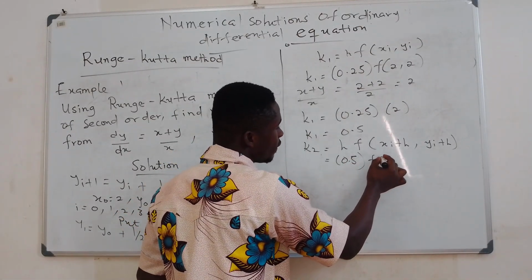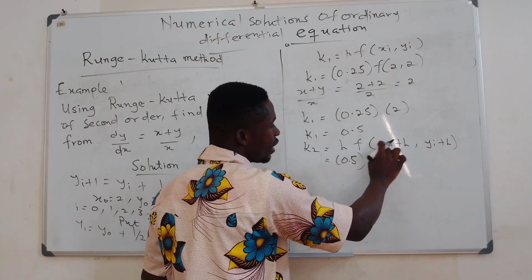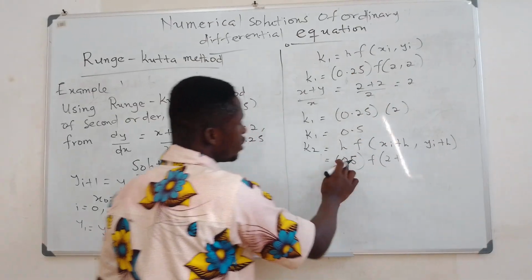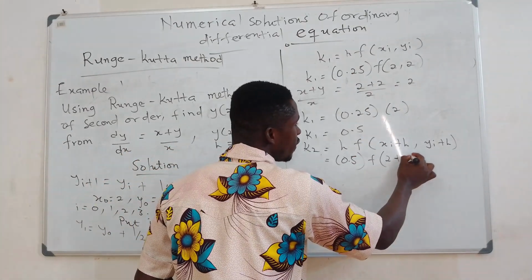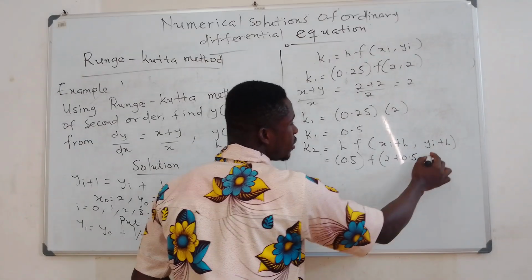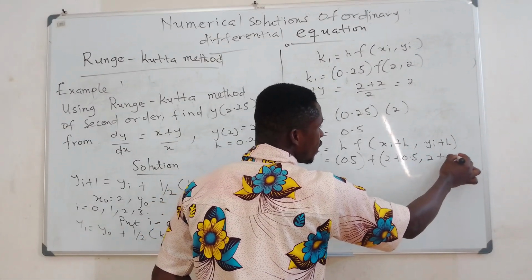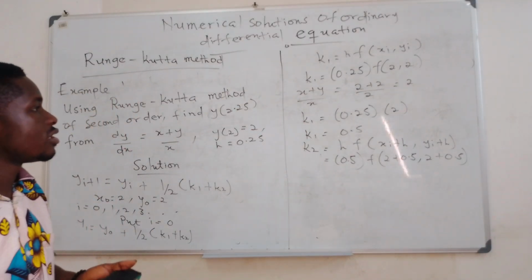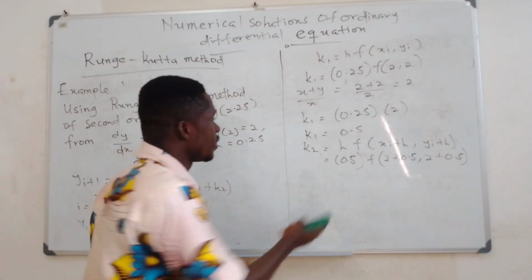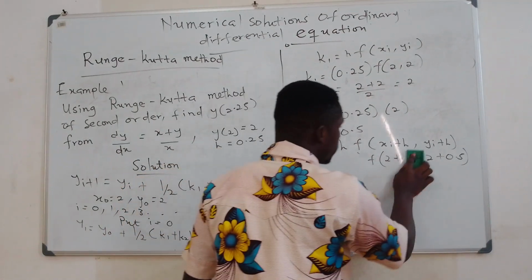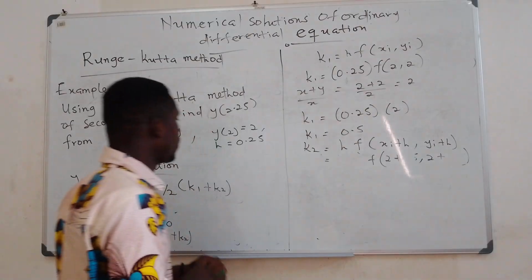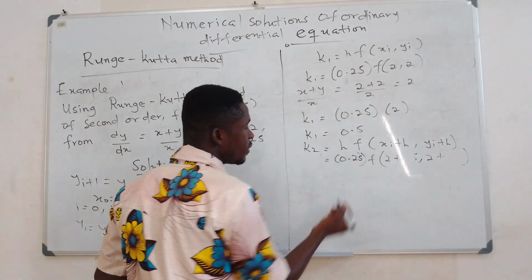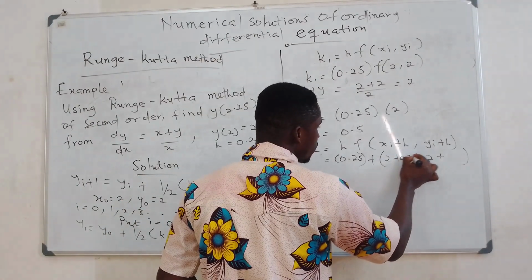We know our f to be the function, and here is 2, x naught, that is 2 plus 0.25, comma 2 plus 0.25.